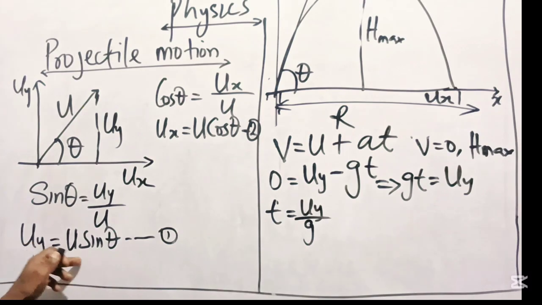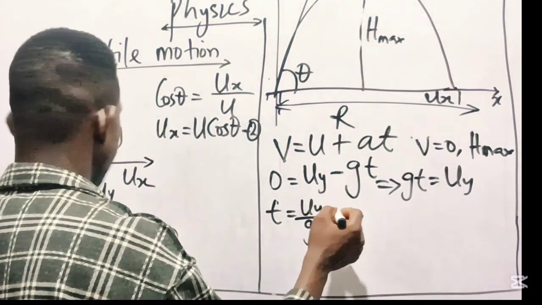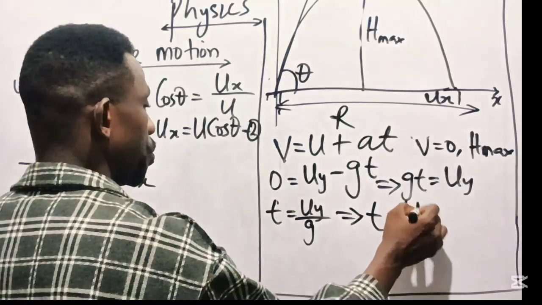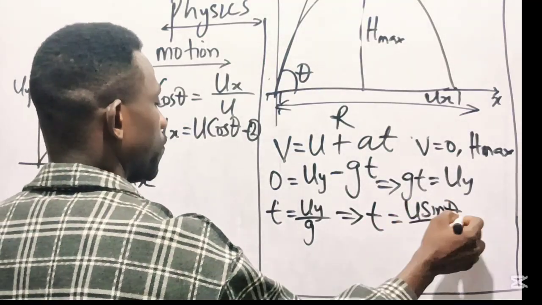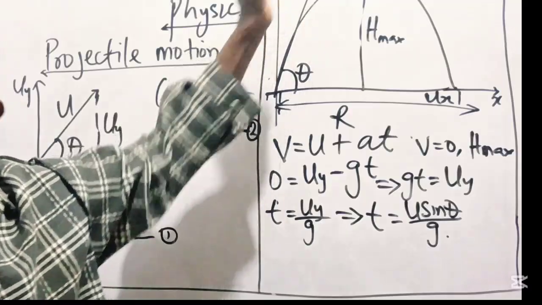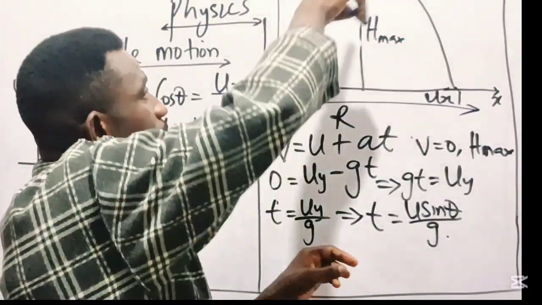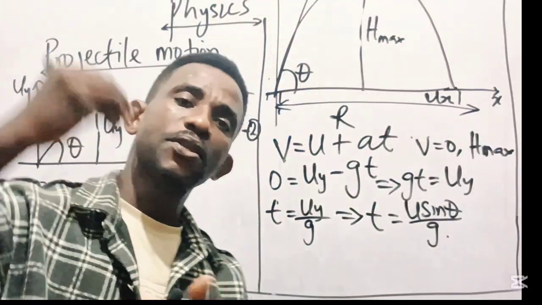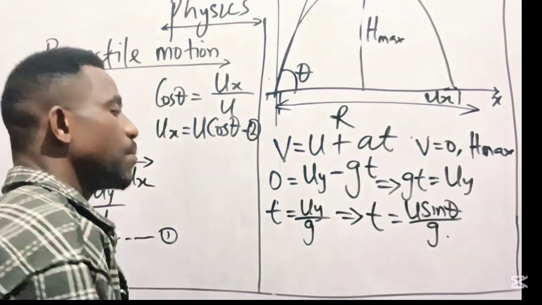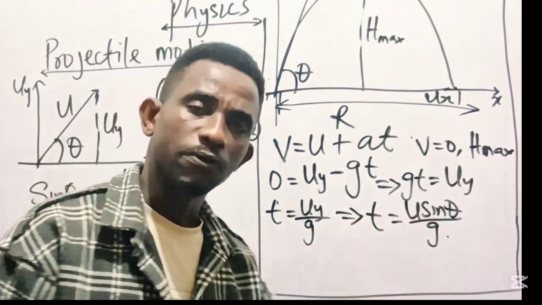Now, what is uy? Anywhere you see uy, which is the vertical component, replace it with equation 1, which says u sine theta all over g. So this is the time to reach the maximum height for the projectile body. The time taken to reach the maximum height is u sine theta all over g.